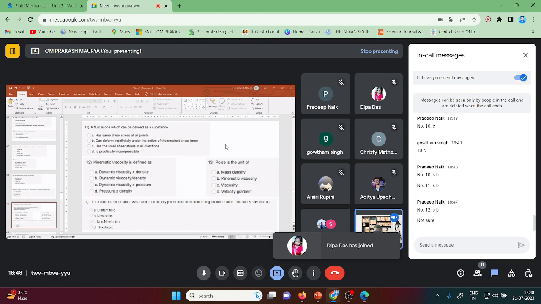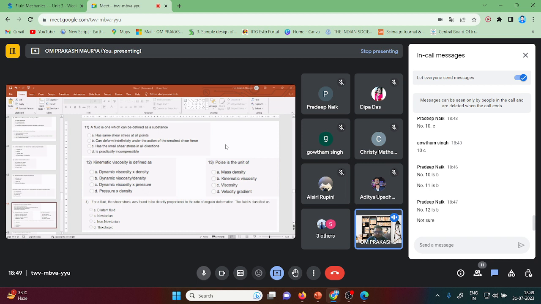For question number 12, the kinematic viscosity is defined as dynamic viscosity into density, dynamic viscosity divided by density, and dynamic viscosity into pressure, pressure into density. So please, okay, Some Nike is saying option B is correct for question 12.